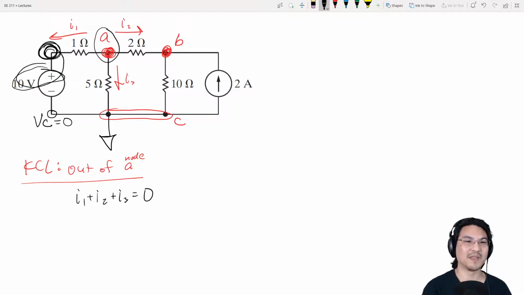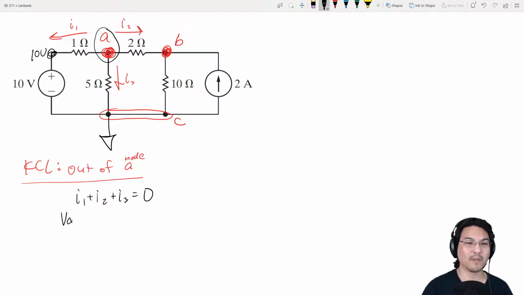So this side is 10 volts higher. So right here is actually 10 volts. So Ohm's law is VA minus 10 over 1 ohm. Right, that's I1.